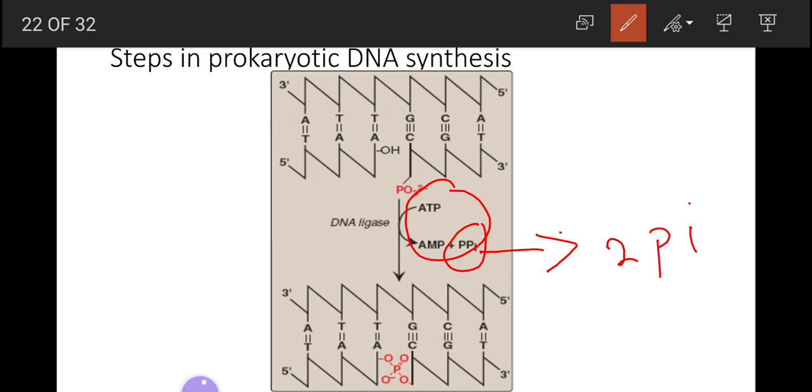Production of pyrophosphate drives the reaction in the forward direction, making it essentially irreversible. So the reactions in which pyrophosphate is removed are irreversible reactions.